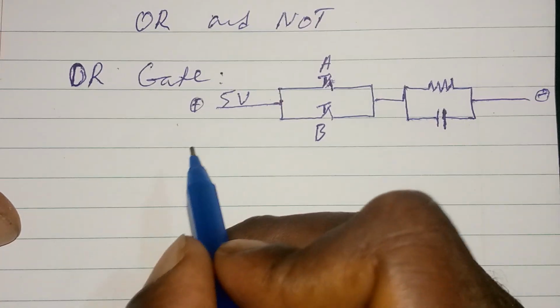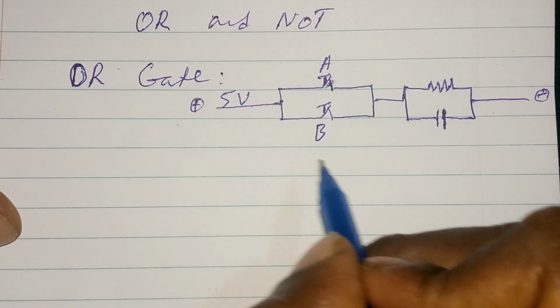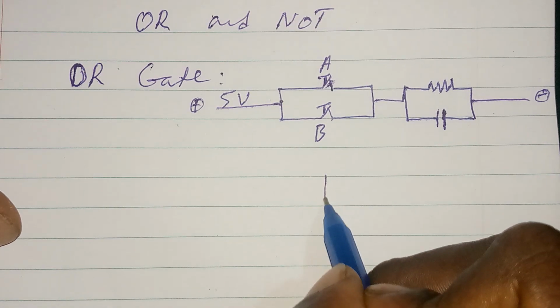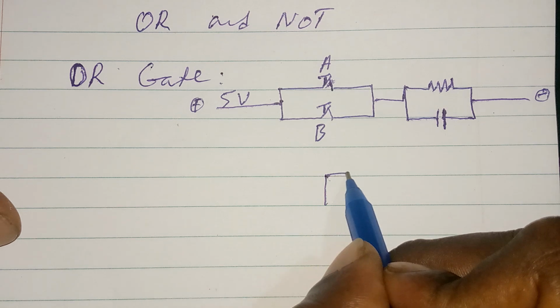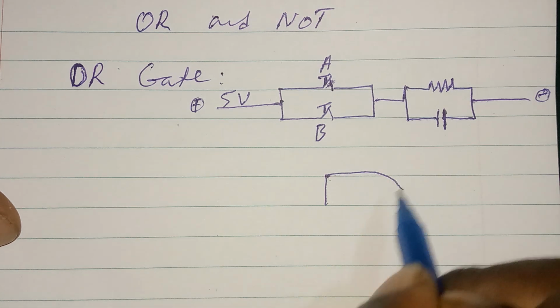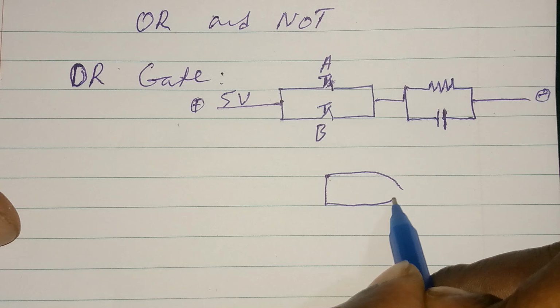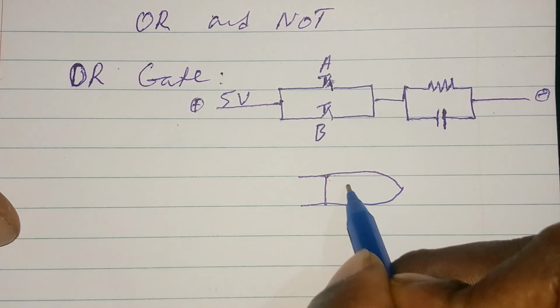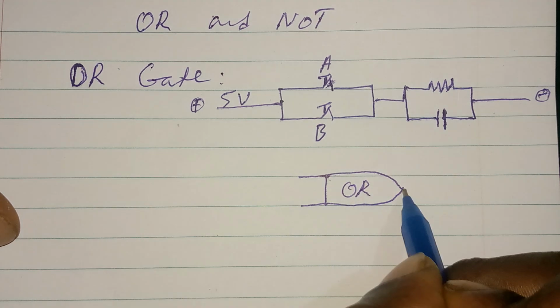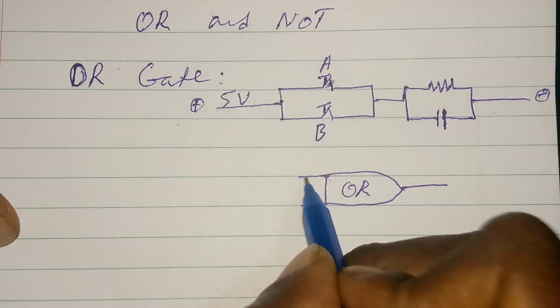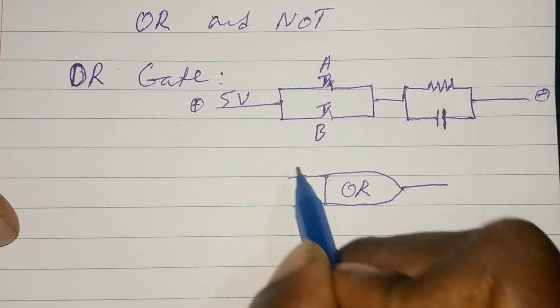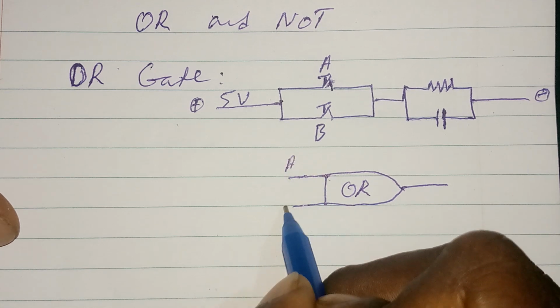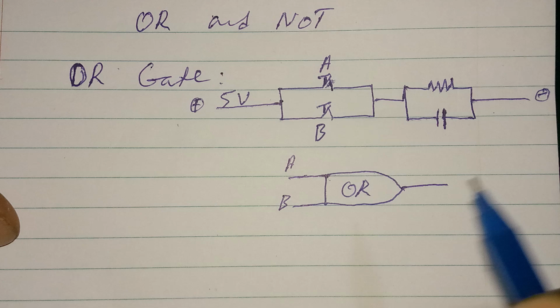Now, the circuit diagram of an OR gate looks like this. This is just a rough diagram.